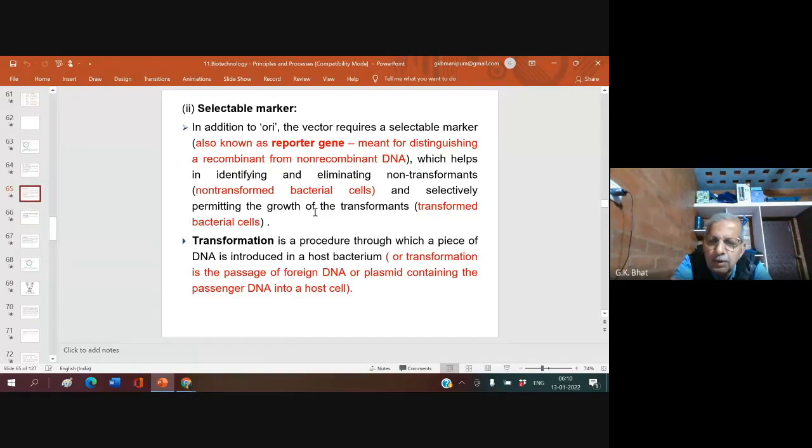Okay. Why do we introduce it through a plasmid? Why not directly introduce it to the host bacterium? Who will tell me? Why do we introduce the DNA through the plasmid? Why not directly put it into the host bacterium? Come on, who will tell me?